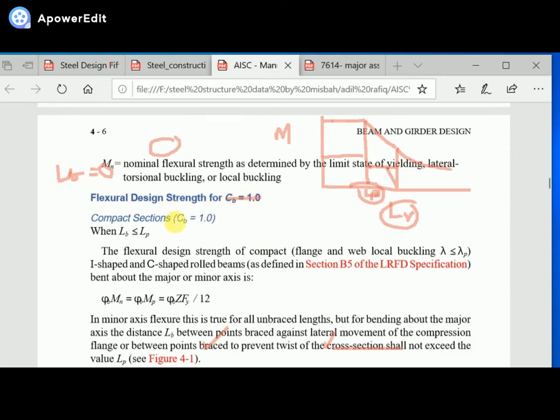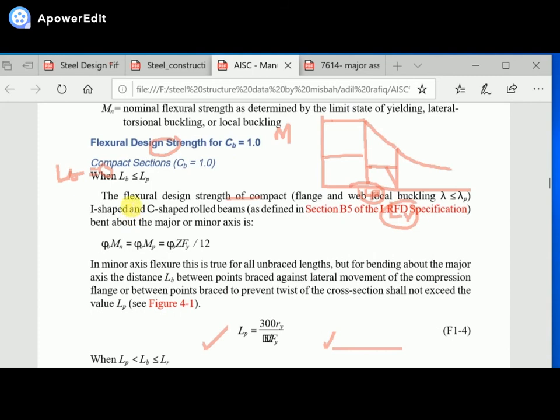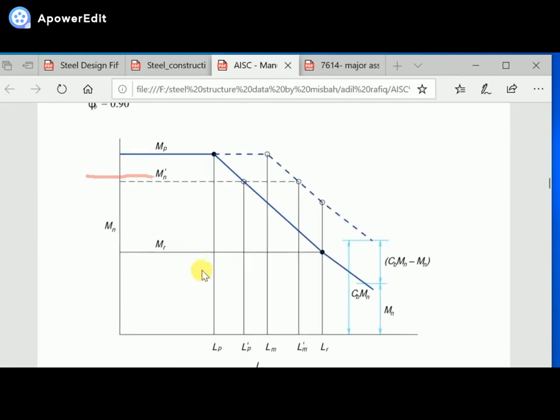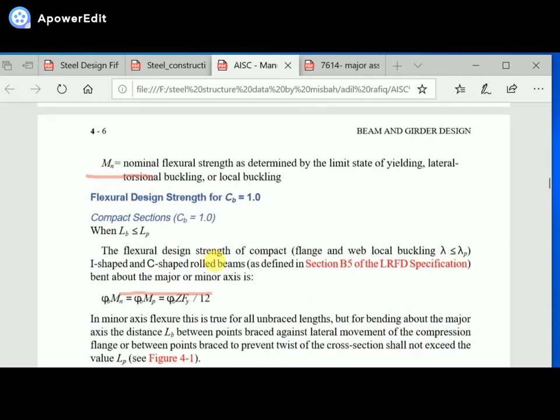Inshallah, I will do an example, because we have question number 3, and I will explain this term in my coming lecture, okay. The first section is, you can see here, when LB is less than or equal to LP, meaning that the section lies in this zone, which is the plastic region.